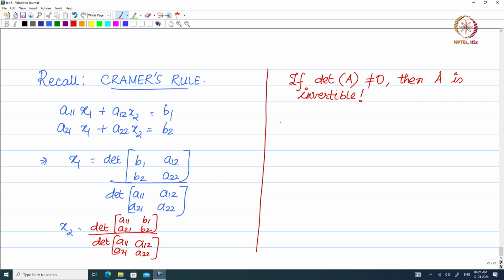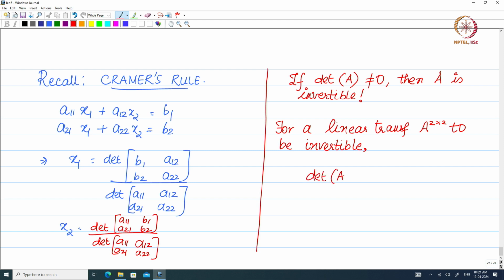So, for a linear transformation A, 2 by 2, again, we are only working with 2 by 2 matrices right now, to be invertible, the determinant of A must not be equal to 0.